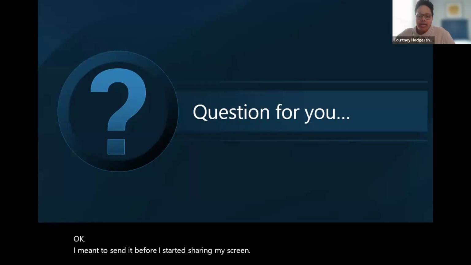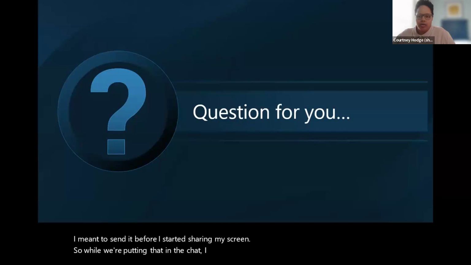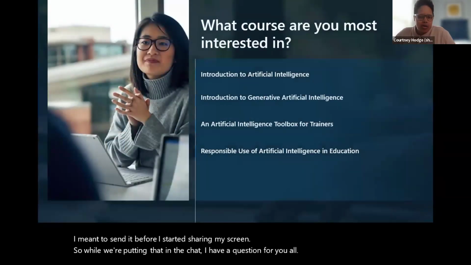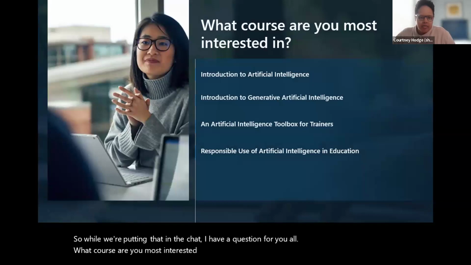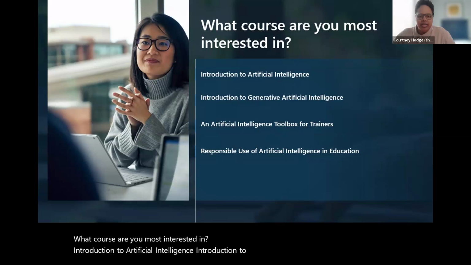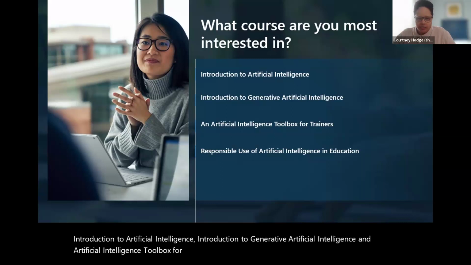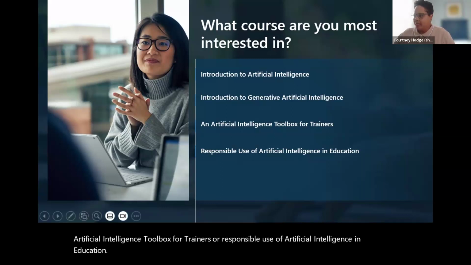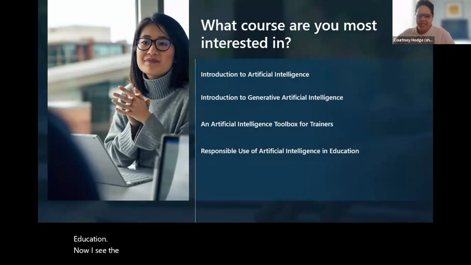So while we're putting that in the chat, I have a question for you all. What course are you most interested in? Introduction to Artificial Intelligence, Introduction to Generative Artificial Intelligence, Artificial Intelligence Toolbox for Trainers, or Responsible Use of Artificial Intelligence in Education? Now I see the chat. There we go.